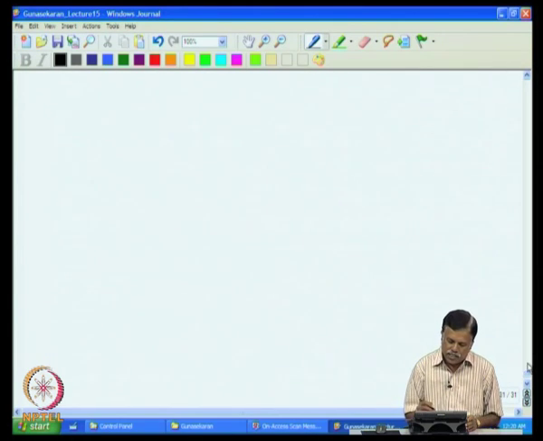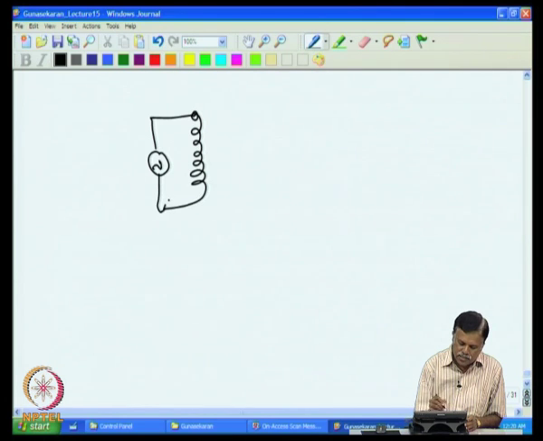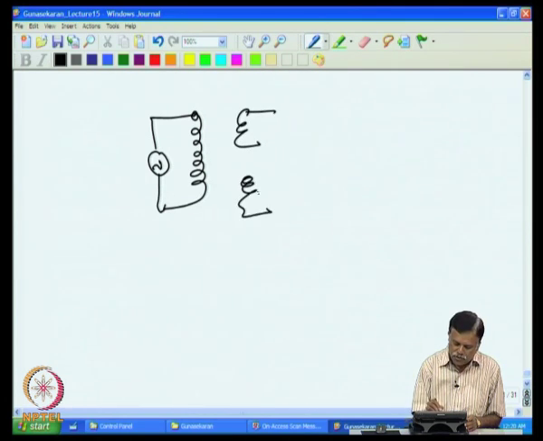So, if you look at the basic LVDT, what are the problems associated with this? First thing is I had to energize this with the AC source, and then I have to pick up these two voltages V1 and V2.